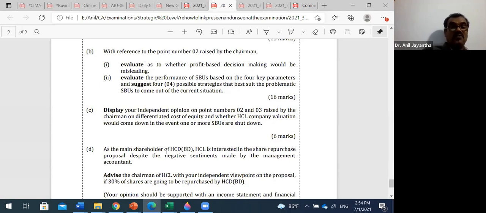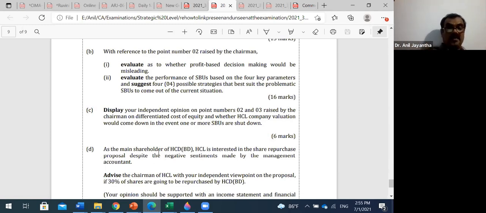So your evaluation has to be done based on cost of equity, right? You need to explain. Display, in other words, explain your independent opinion, saying that this is how and why it can be differentiated from the other thing. So that is the point.